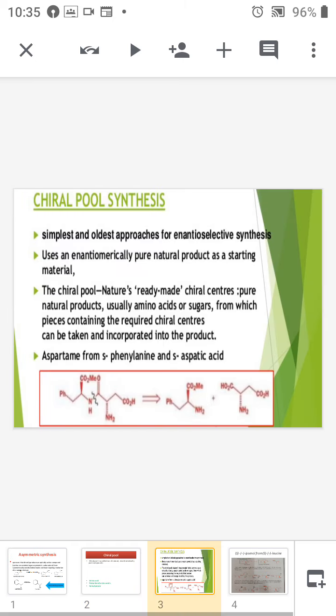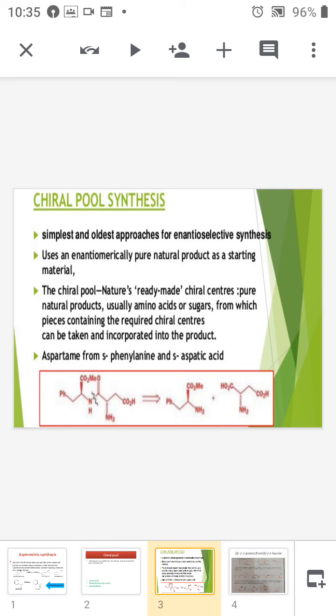Chiral pool synthesis is the simplest and oldest approach for enantioselective synthesis, and there are only a limited number of samples in the chiral pool.